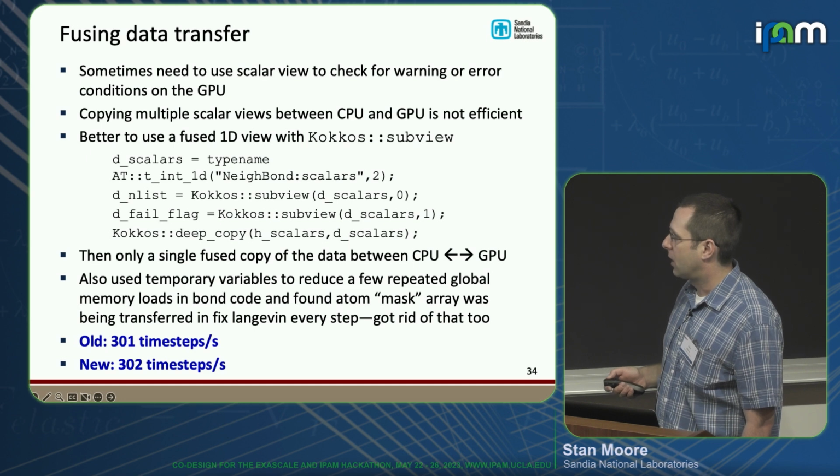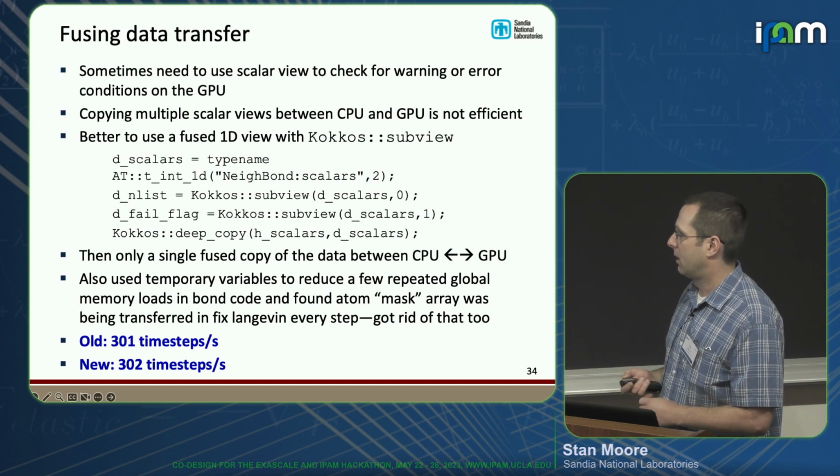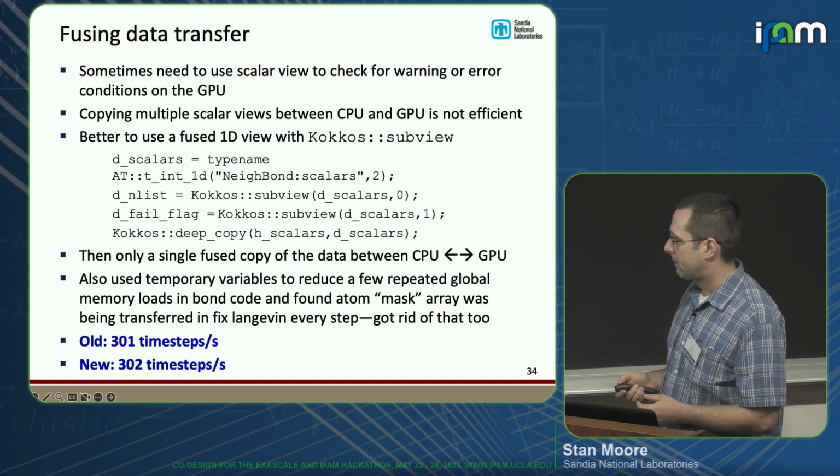Then you can just use Kokkos subview to point to that 1D array so that you essentially have the same code as before. But when you do your data transfer, you only have to do one launch of this data transfer instead of multiple. And so then you have a fused data copy.